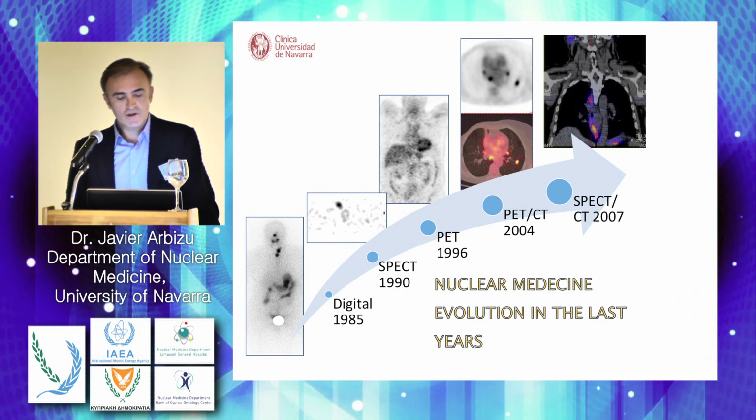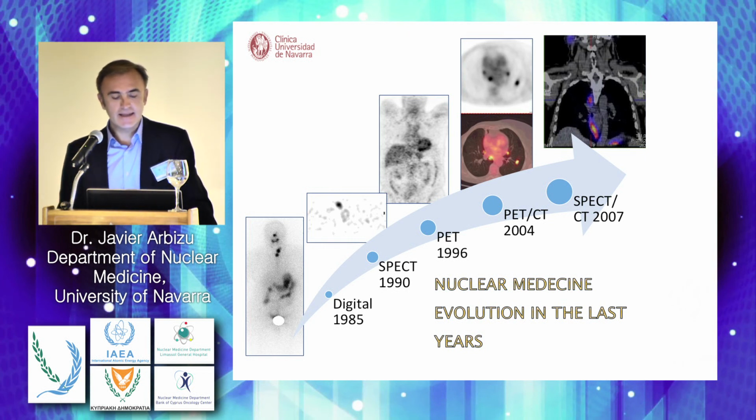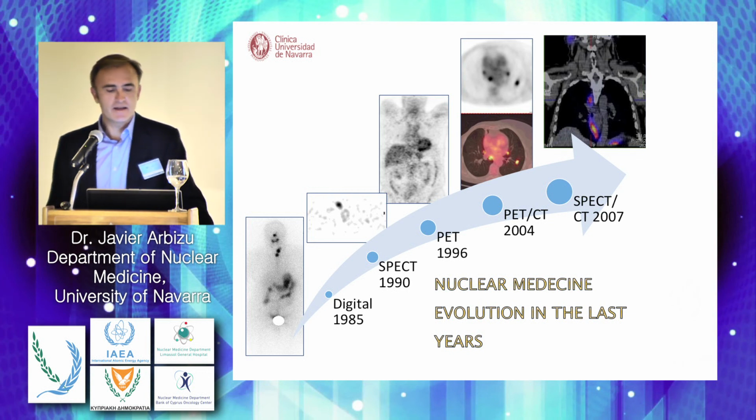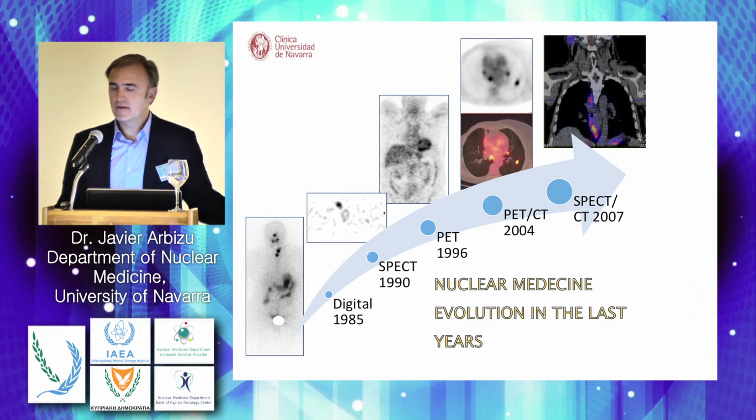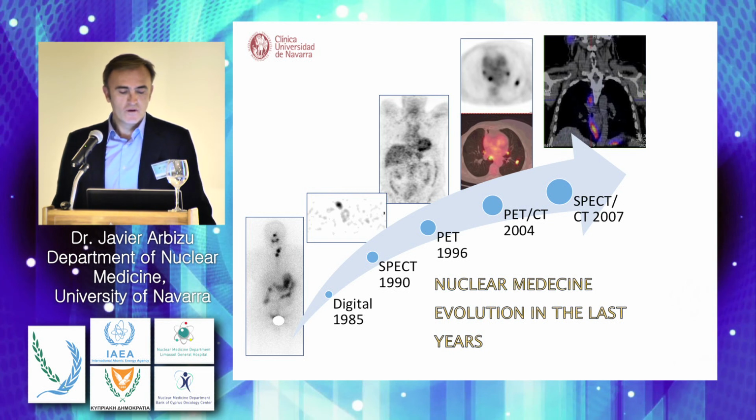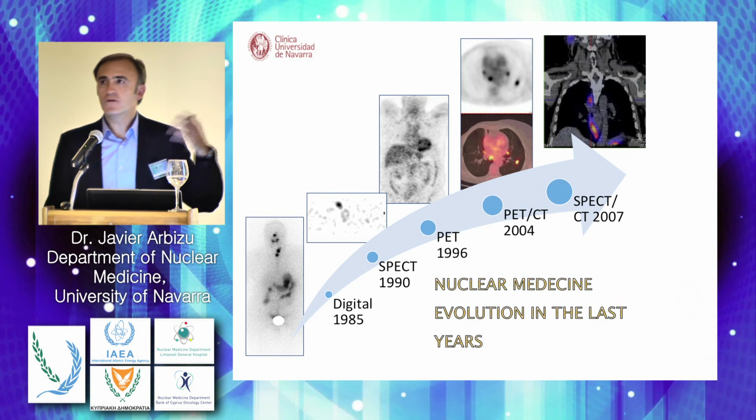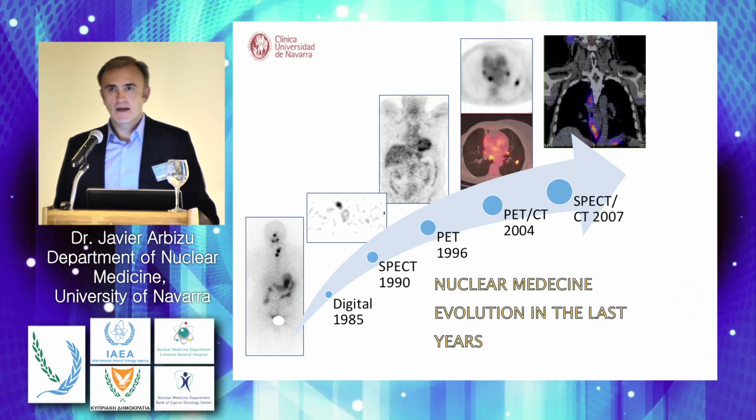The next step was the SPECT in the 90s. Well, it's difficult to look at the images, but it was important to reflect that some of this uptake could be out of the thyroid area and could be lymph nodes.